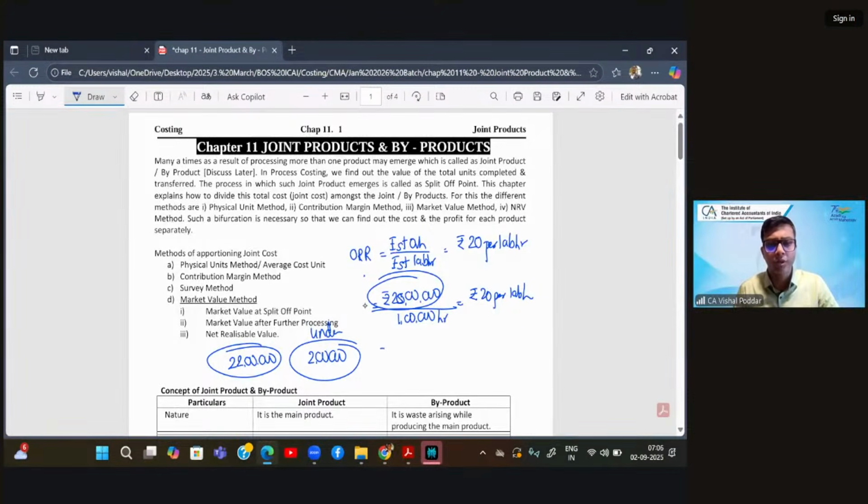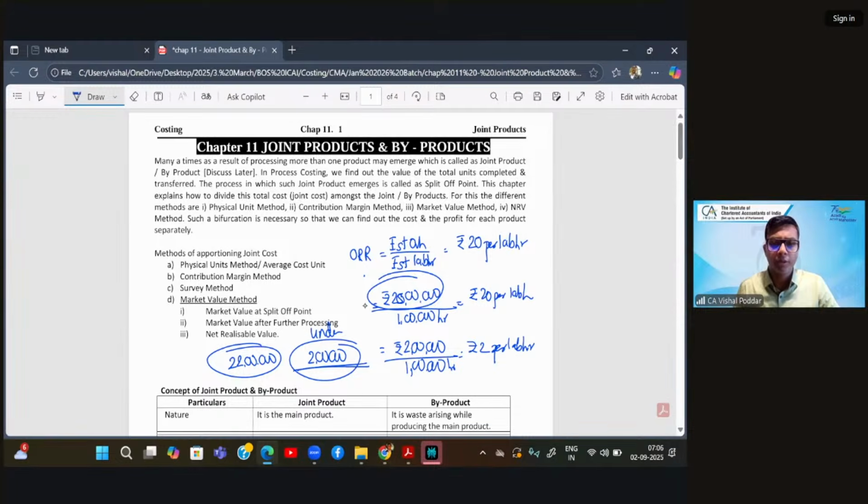Now, when I get to know this, I divide this 2 lakh rupees again by this 1 lakh hours to find one more charging rate to cover this difference, the under absorbed overheads.